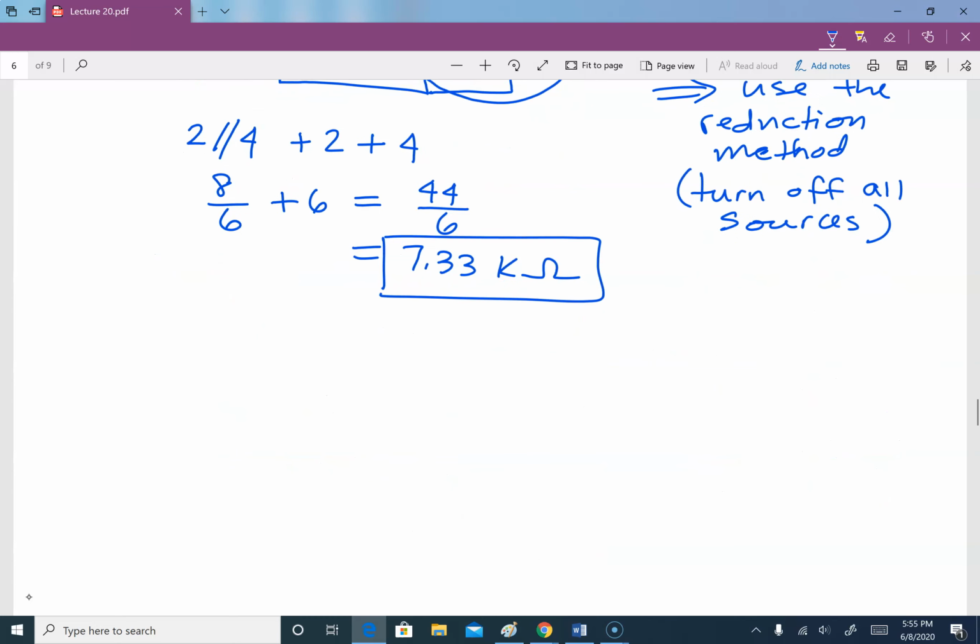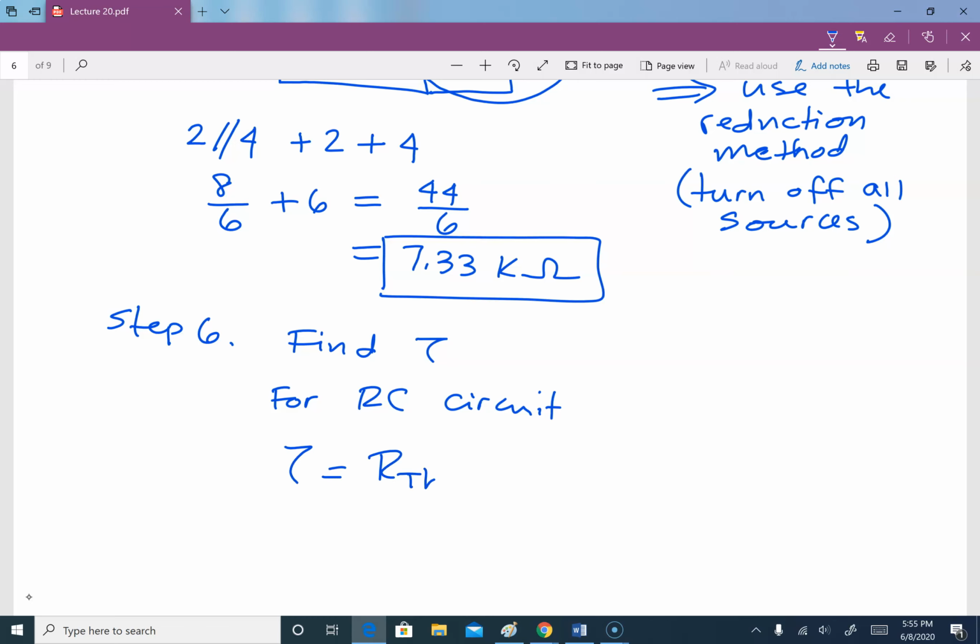Now step number 6, find tau. We said that for an RC circuit, tau is equal to R Thevenin times C. So R Thevenin is 7.33 times 10 to the positive 3, because it's kilo ohm, multiplied by C, which is 50 micro, that is 50 times 10 to negative 6.